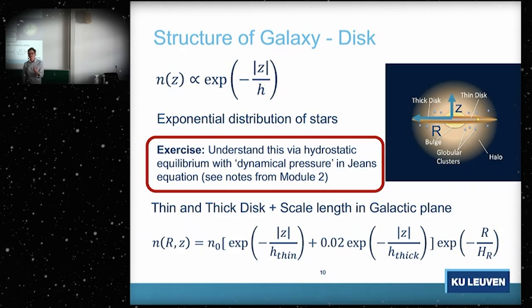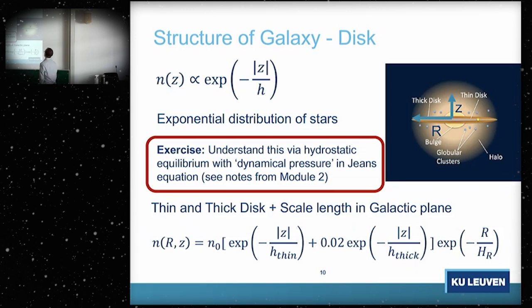Yeah? Remember this analogy with the hydrostatic equilibrium for a gaseous system, where we can associate this with the isothermal gas sound speed or the temperature of the gas. And just by analogy here, we can talk about a hot disk having a higher velocity dispersion and thus a larger scale height. Okay?